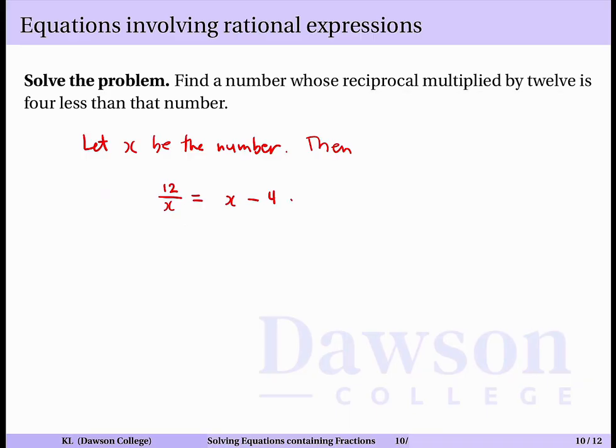We can solve this by multiplying both sides by x. If we do that, we will have 12 equals x times x minus 4, or that 12 equals x squared minus 4x, or that we have 0 equals x squared minus 4x minus 12.